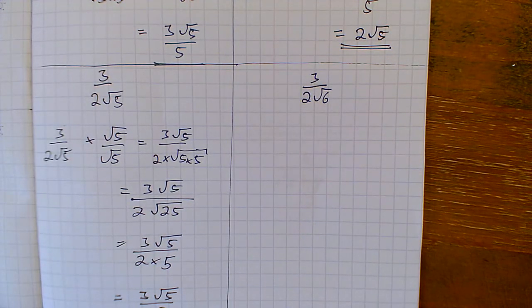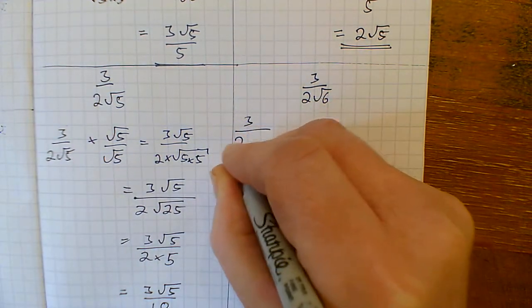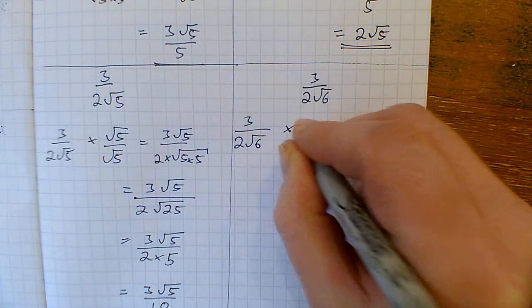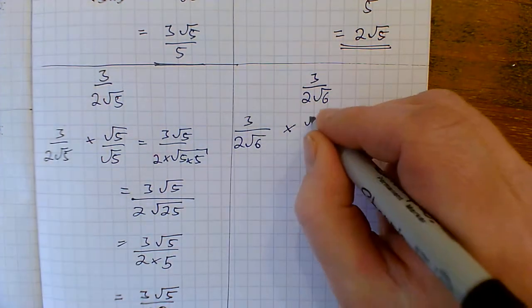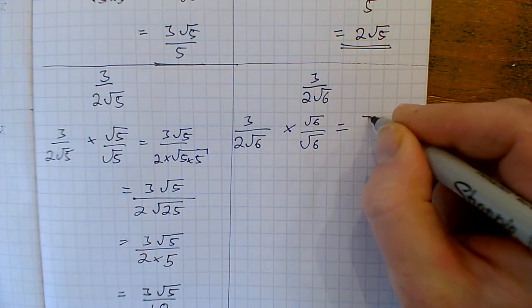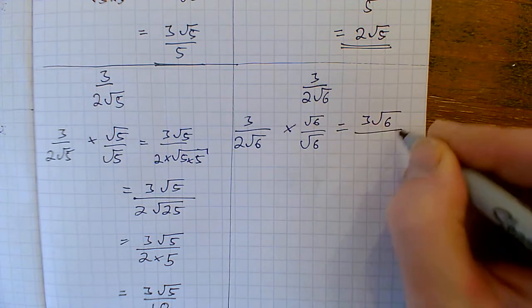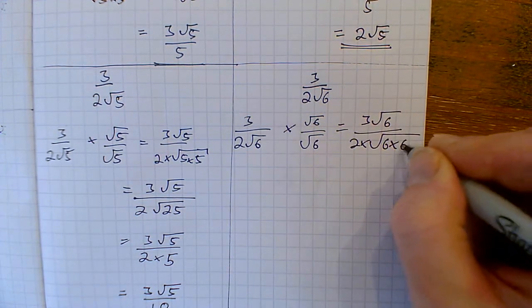Okay, welcome back. Let's do it. 3 over 2 root 6 multiplied by, now this time it's root 6 over root 6, is 3 root 6 all over 2 times the square root of 6 times 6.